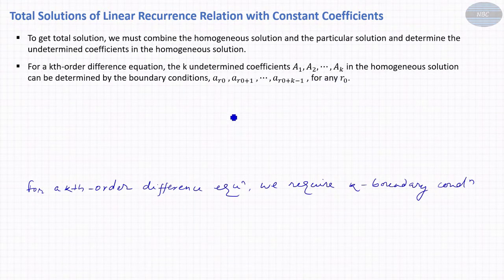So let us put k equal to 2. This is a second order difference equation. For a second order difference equation, we require two boundary conditions.